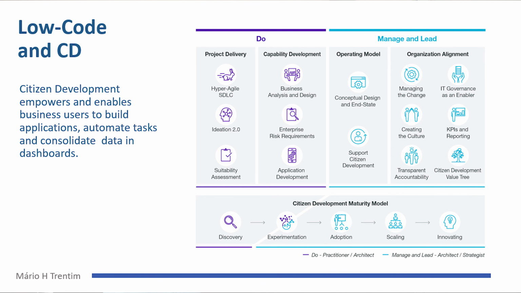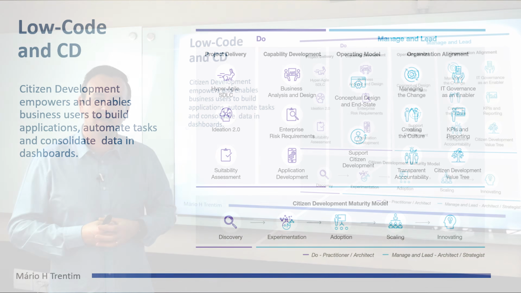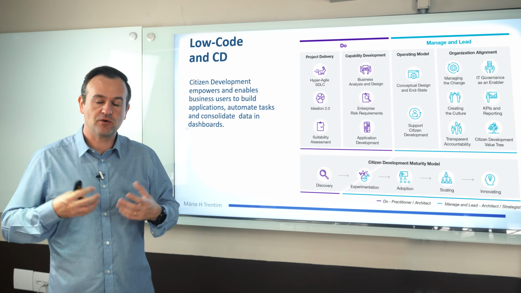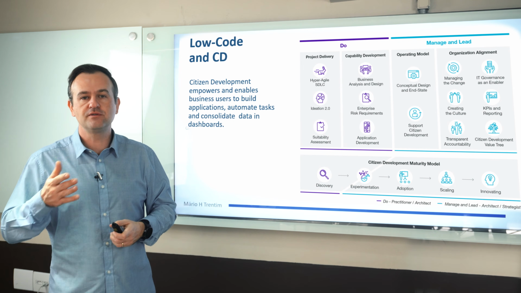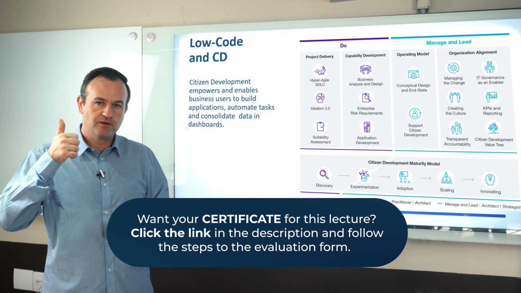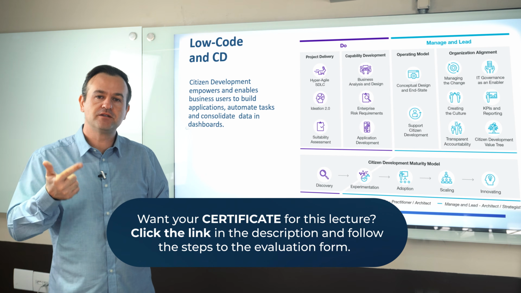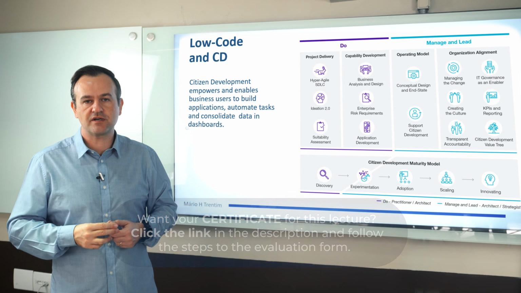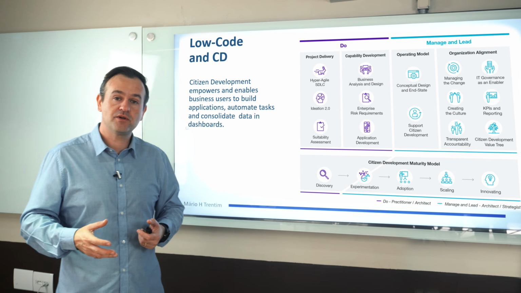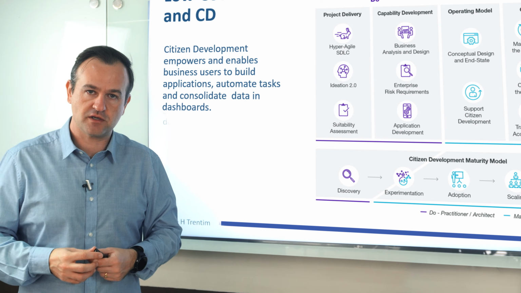Then experimentation, you are going to start using this tool in smaller projects, maybe in a department. Adoption, organization-wide, and then scaling so that you can have all your organization and all the people in the organization using the same platform. You are going to connect project management information to procurement, to finance, to human resources, and also you are going to be able to automate these processes.